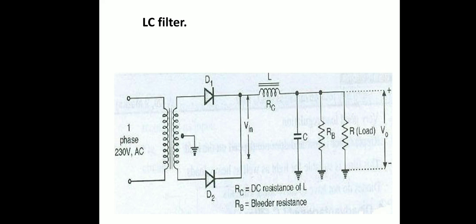For most supply purposes, constant DC voltage is required rather than the pulsating output of the rectifier. For most applications, the supply from a rectifier will make the operation of the circuit poor.